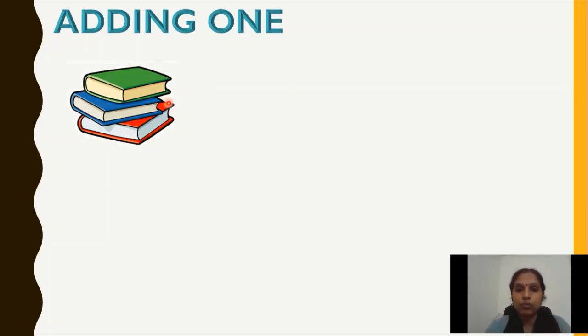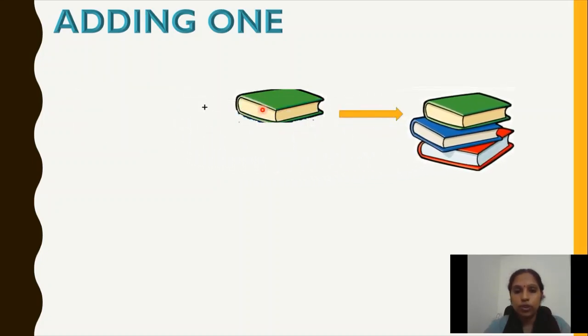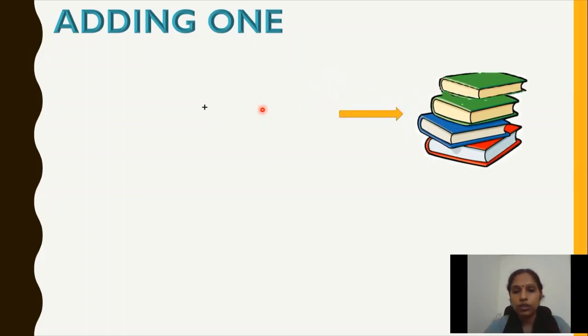Yes, there are 3 books. Now what I am going to do is add one more book to it. So what is the first step in the addition? Putting things together. So we are going to put both the books together. What is the second step?